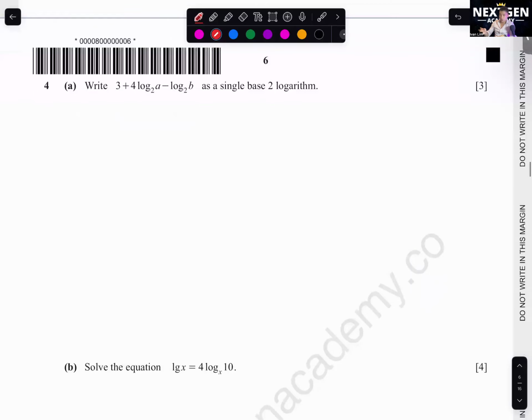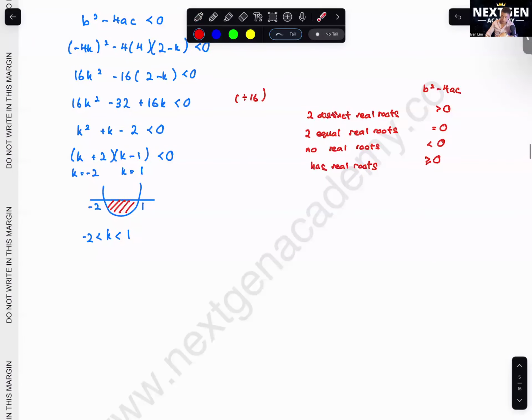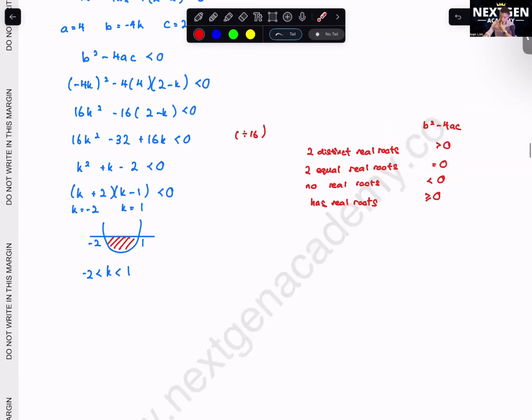Number 4. Say for the real roots, how do we format the value? k equals to 1. You just add an equal here. How do we format the value of k?